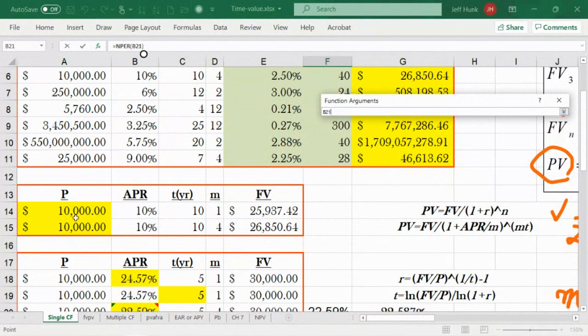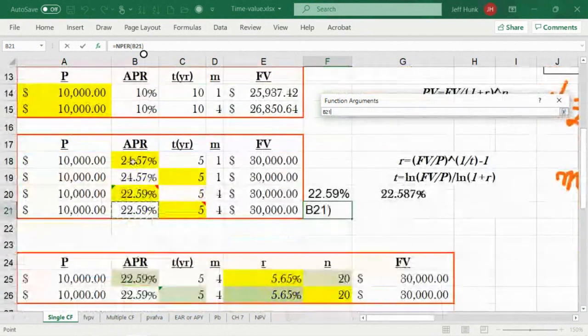Principal was the only thing missing, so the principal is the unknown. In this one, APR was missing. APR is what we're looking for. Here, everything is given. Time is not given, so we need to find time. That's the unknown.